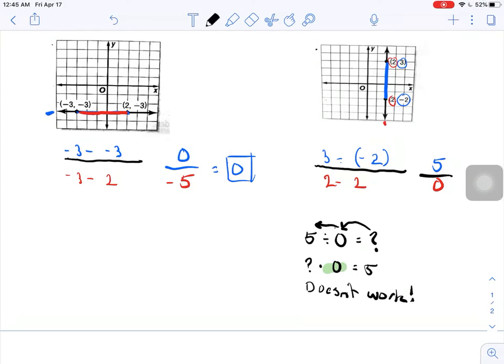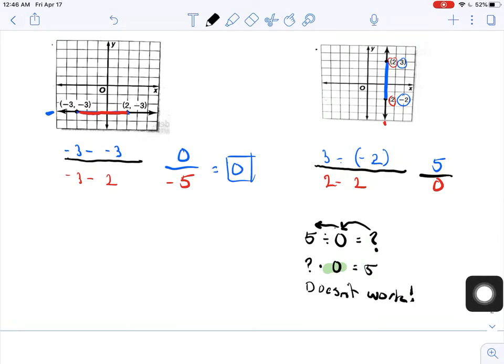If you have ever tried this, or if you want to try it, see what happens, try doing 5 divided by 0 on your calculator. Your calculator will get angry at you, and it will give you an error message. This is why. In math, we can't divide by 0. Dividing by 0, when we look at the rest of the fact family, gives us statements that are mathematically false.